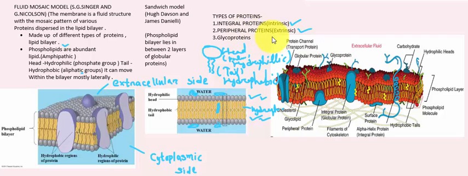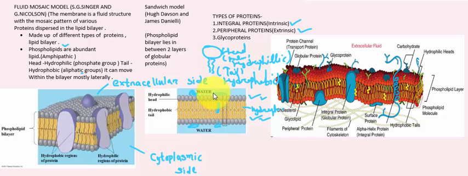The next is the peripheral proteins, that are called the extrinsic proteins. The peripheral protein does not extend throughout the length of the cell membrane. Okay. As you can see, the peripheral proteins are present in the periphery, or the cytoplasmic end, of the cell membrane. So it is the protein which helps in the cytoskeleton, and it also helps in the intracellular secondary messenger system.